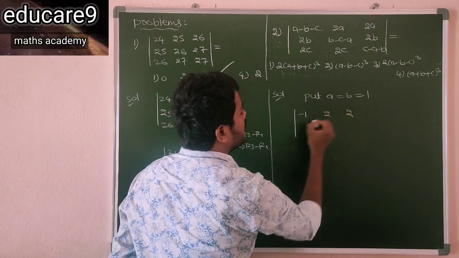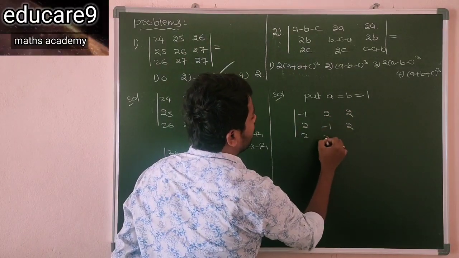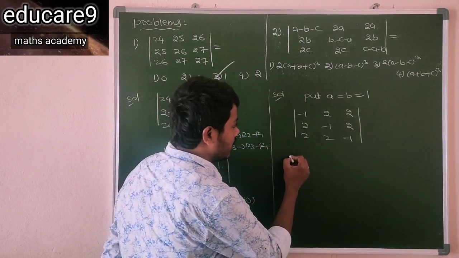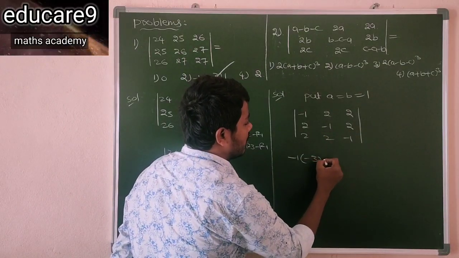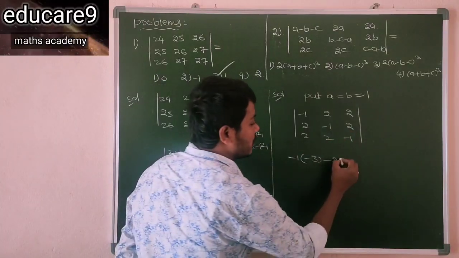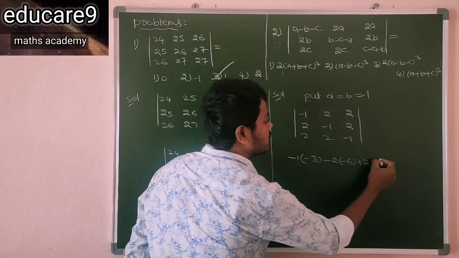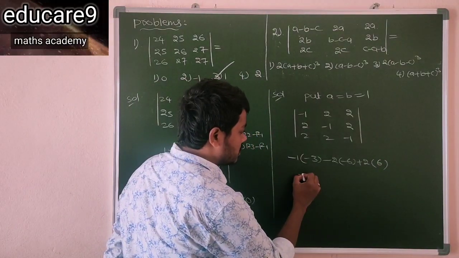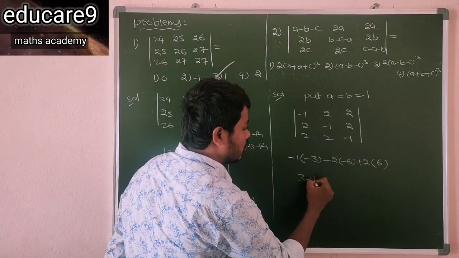Here 2, 2, next 2, minus 1, 2, 2, 2, minus. And find the determinant. So minus 1 into (1 minus 4), that is minus 3. Minus 2 into (minus 2 minus 4), that is minus 6. Plus 2 into (4 plus 2). So this is minus into minus 3 plus 12 plus 12.